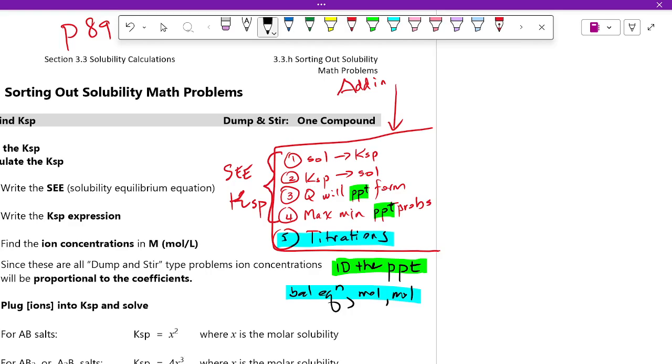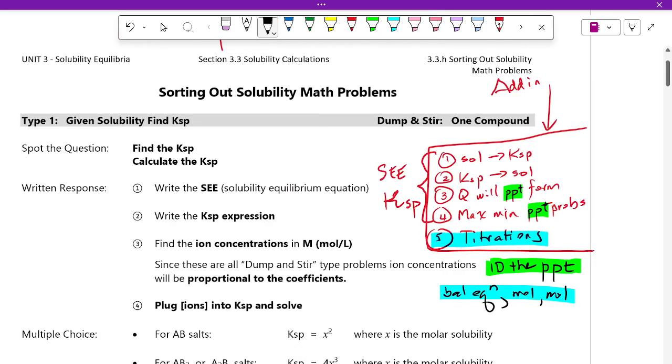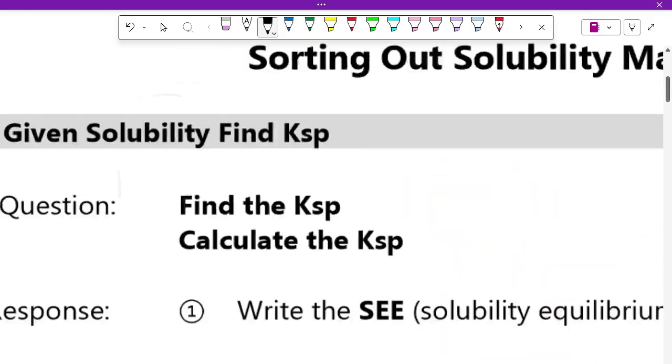So type 1. These are dump and stir. We are given the solubility. Let's find the KSP. What is solubility? Tell your partner.